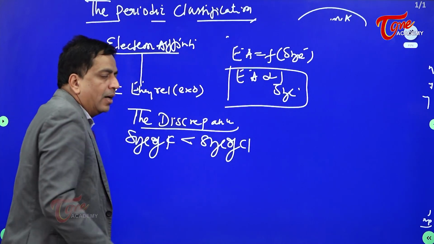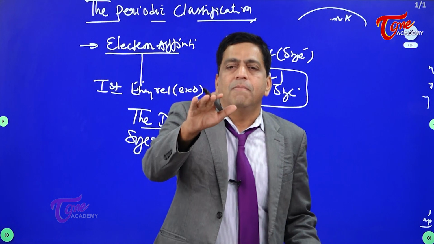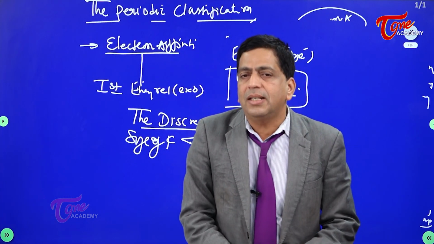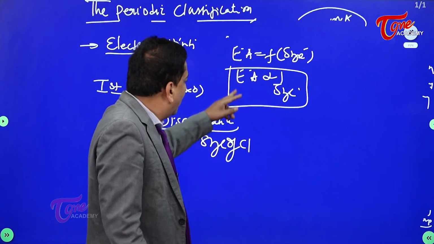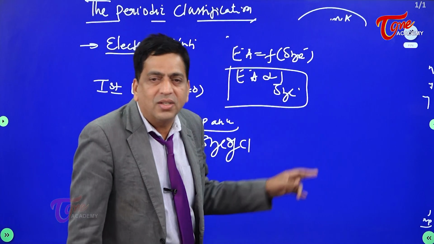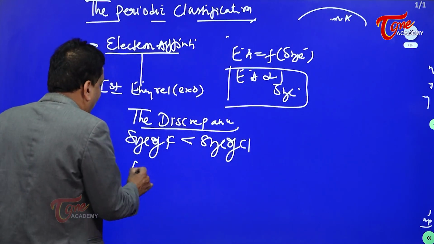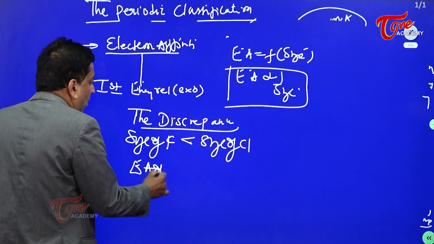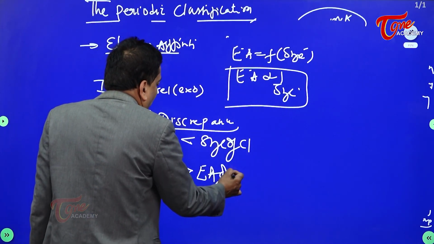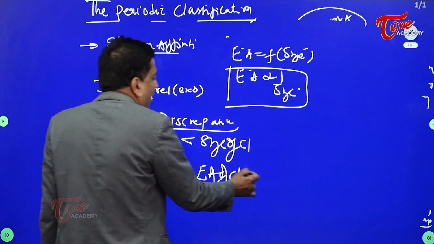I think you'll agree, because chlorine is placed below fluorine in the periodic table, so you expect chlorine to have a much bigger size. If that is the case, then electron affinity is inversely related to size. So we expect the electron affinity of fluorine to be greater than what? The electron affinity of chlorine. You must understand, this is the expected one.